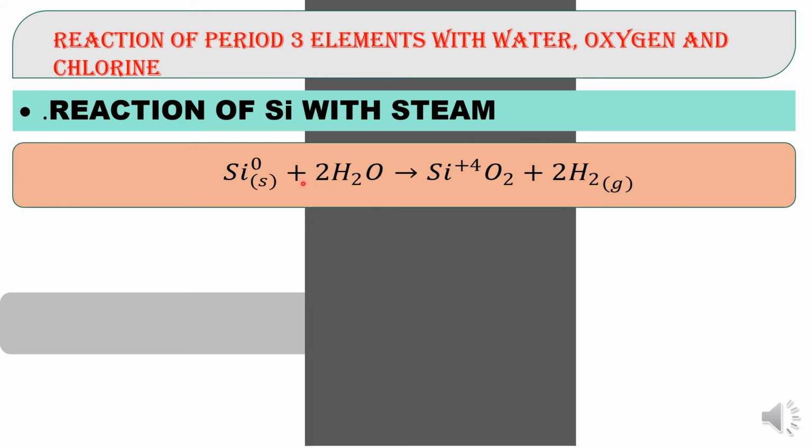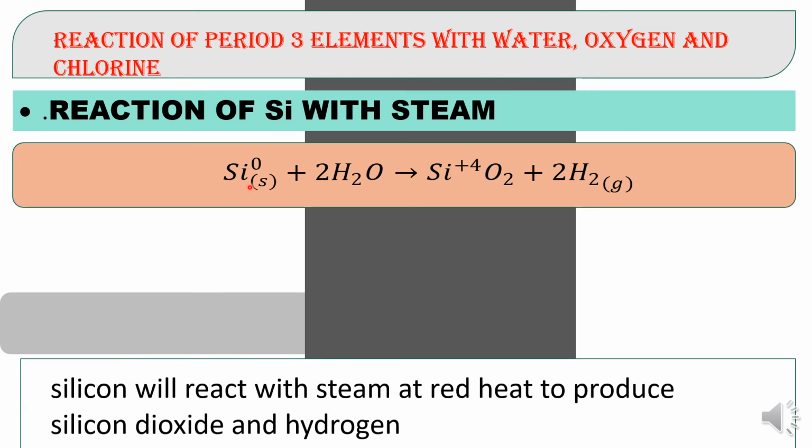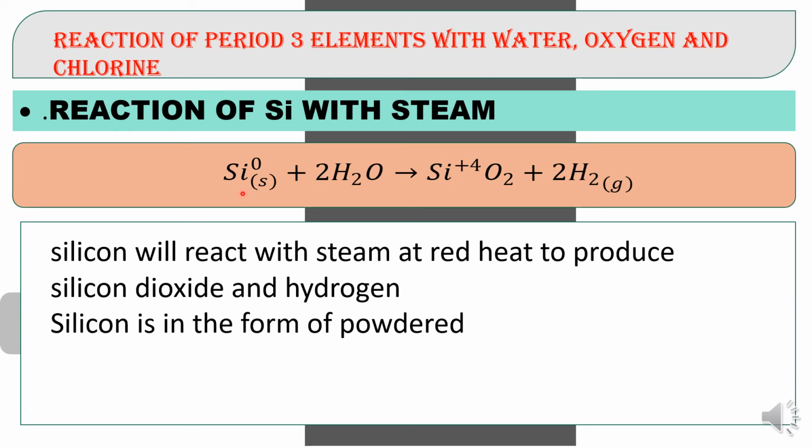If we convert silicon metal into powdered form and heat it with steam, the product will be white solid silicon dioxide, and hydrogen gas will be formed along with it. Silicon dioxide is also called silica. So the first point you can see here is that silicon will react with steam at red heat to produce silicon dioxide and hydrogen gas.